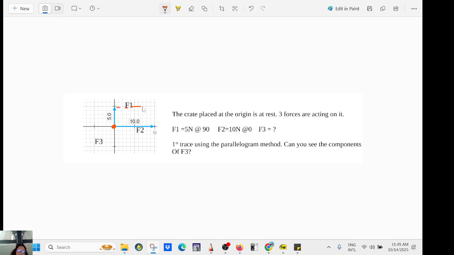So imagine that if you add them up, you need to have a force exactly the other way. Exactly. So they're going to kill each other out. So we're going to have F1 plus F2 plus F3 equals 0.